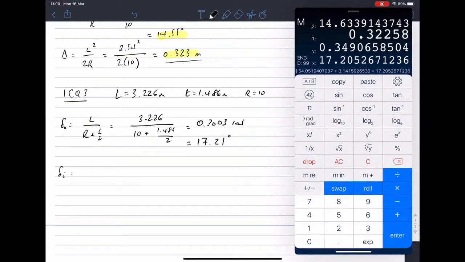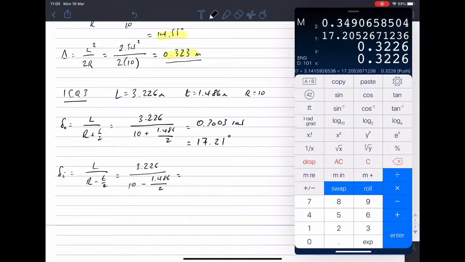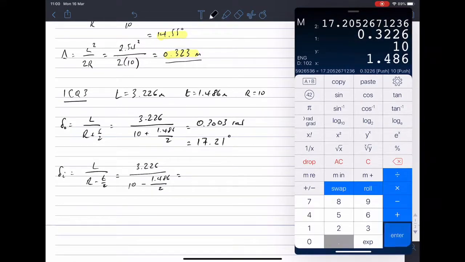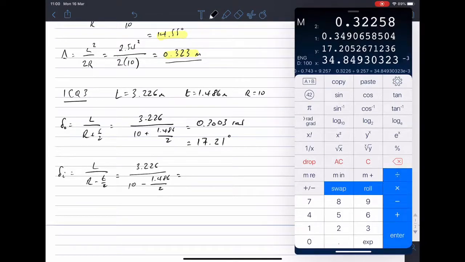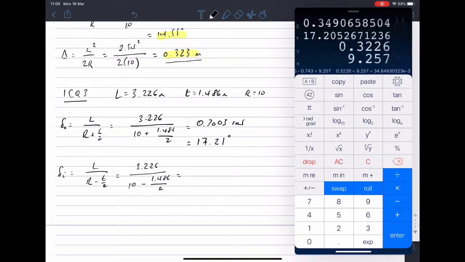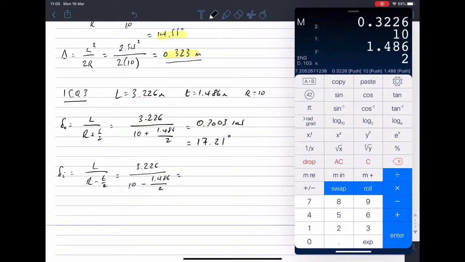Delta I, L upon R minus T upon 2, so 3.226 over 10 minus 1.486 divided by 2.